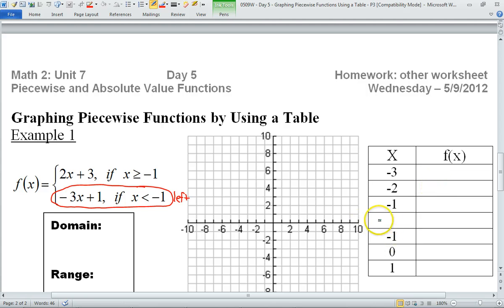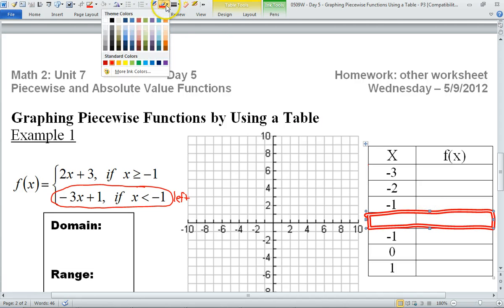Now look, see this empty space I put in the middle of my chart? That's to help you see the break. This empty space represents the transition between the left branch and the right branch. So these values up here at the top, in fact, let me make this a different color. Blue is going to be the other side.